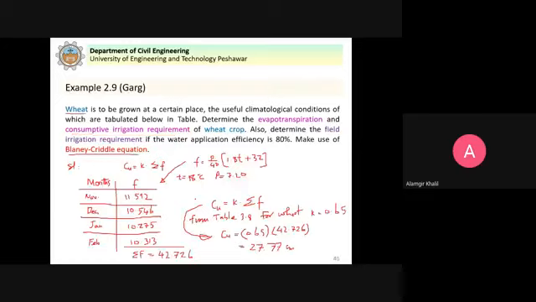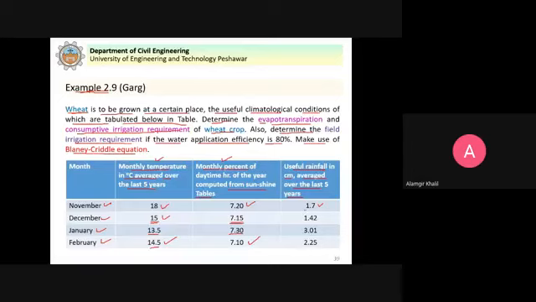So for this we need to calculate the effective rainfall for the 4 months. Here we just need to add up all these values, and the total is 8.38 centimeter.